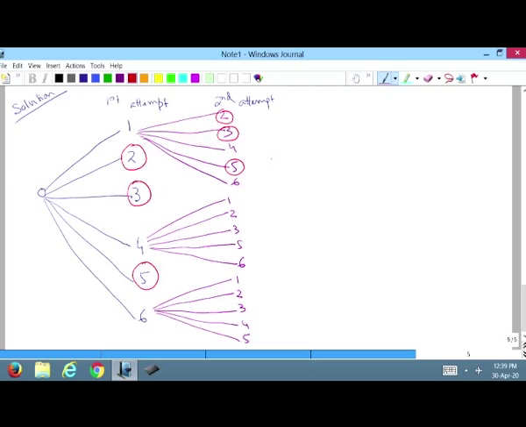Therefore, in these cases the outcomes are 1, 2; 1, 3; 1, 5. So, let me circle them.